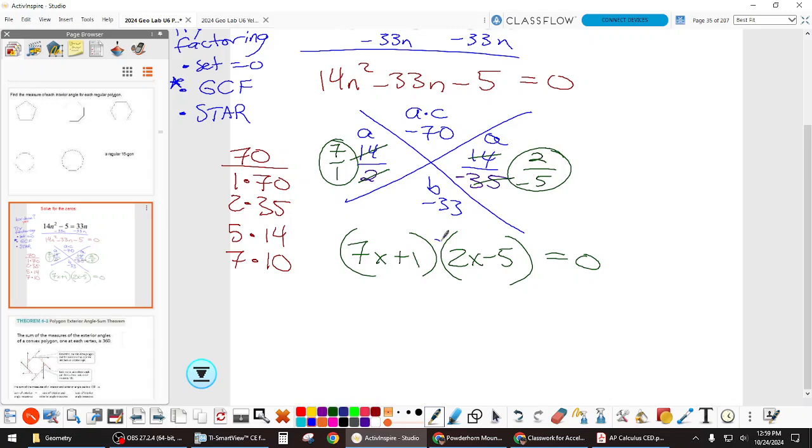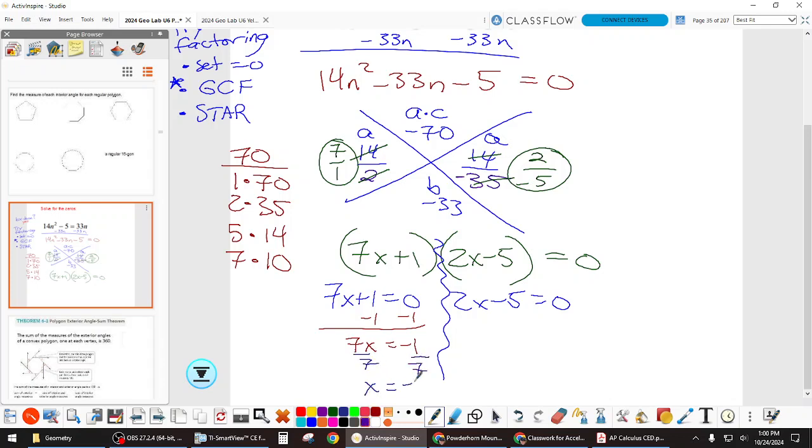Yes, this is that whole take each one and set it equal to 0 thing. So negative 1, 7. Over here, you're going to get x equals 5 halves. So add 5, divide by 2.